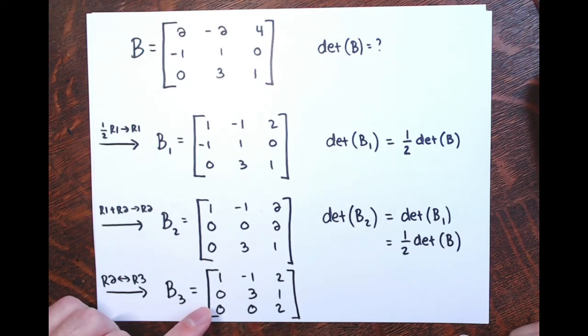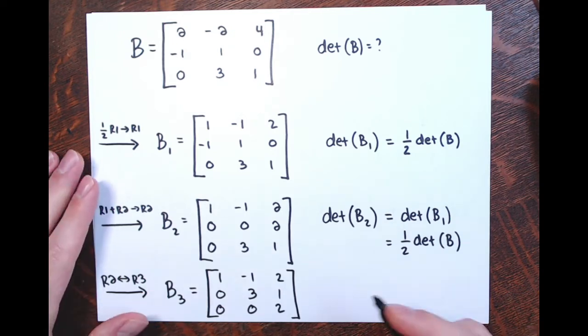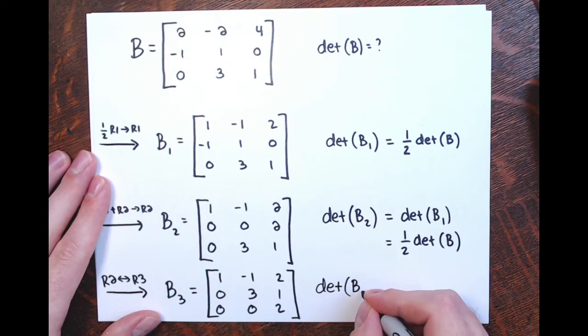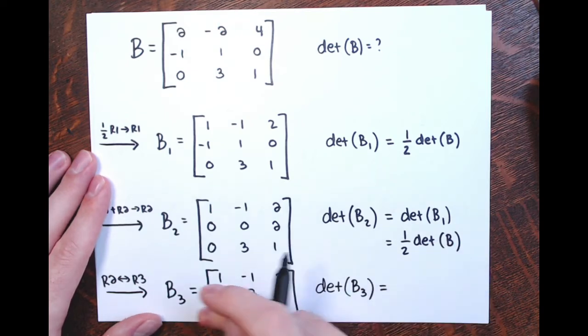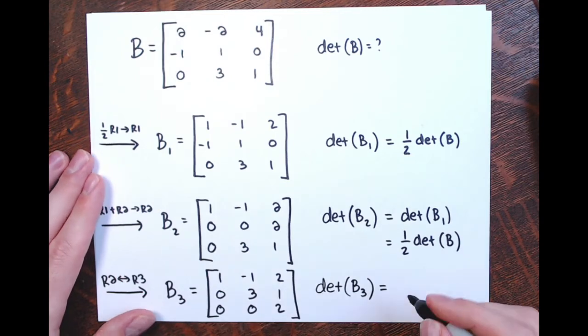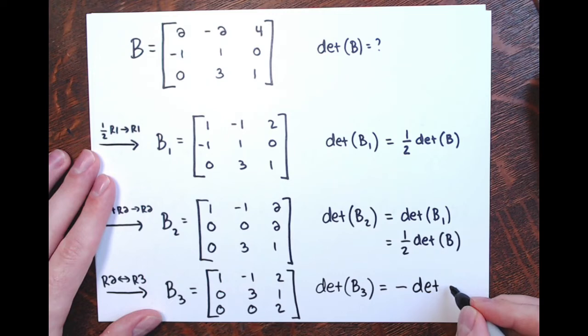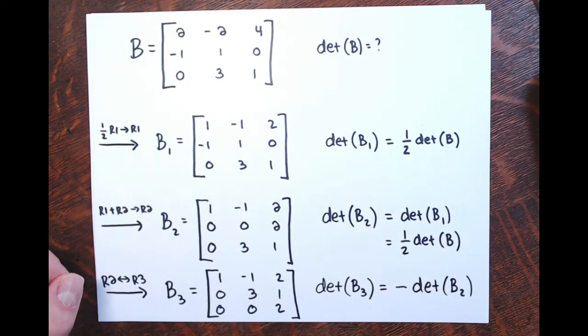It is upper triangular. And the determinant of this new matrix, B3, should be equal to the opposite. I switched two rows, so it should be the opposite of the determinant of B2, the determinant from the previous step.